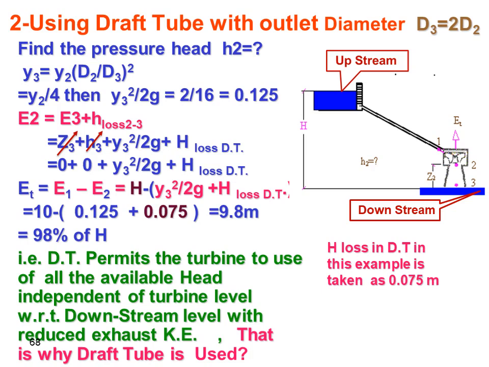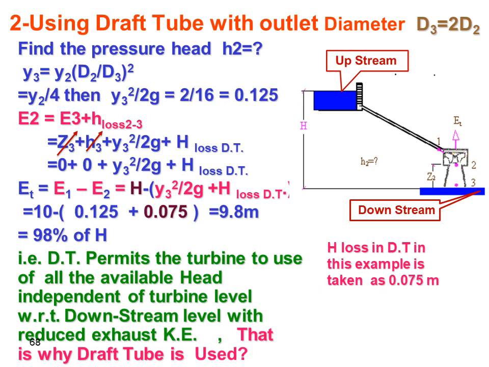Then the velocity at section 3 equals the velocity at section 2 multiplied by d2 over d3 squared, the area ratio. This means if d3 equals twice d2, then V3 equals V2 over 4, and V3 square over twice g equals V2 square over twice g divided by 16.